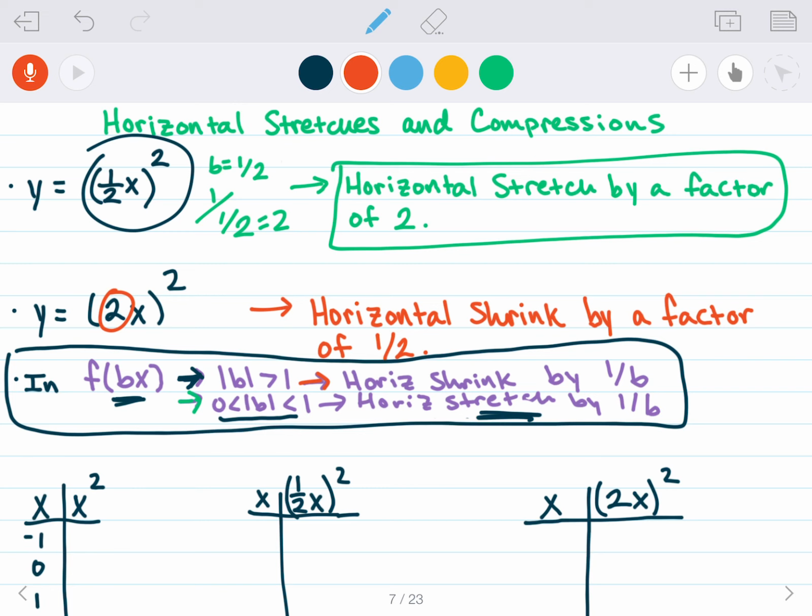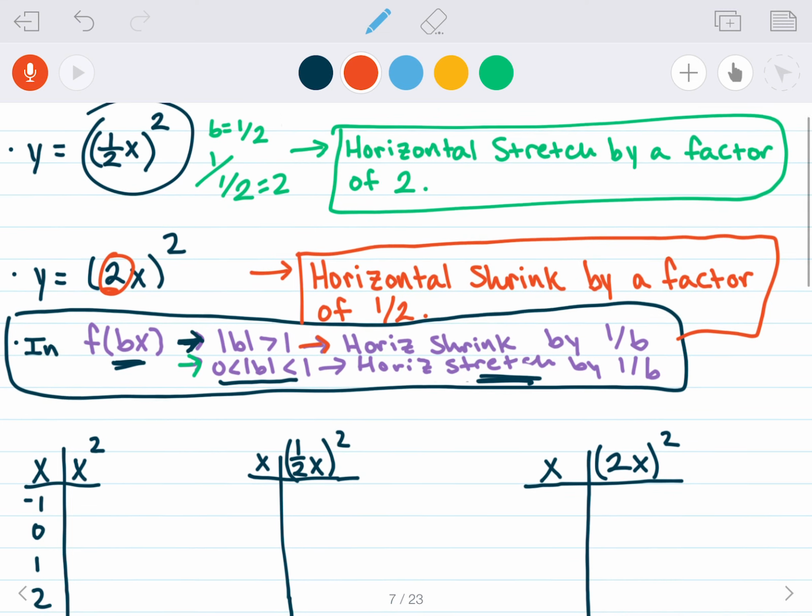So in this case, we have 1 over 2 as my factor of shrinkage. You can also call this compressions. I use those words interchangeably, shrink and compression. They mean the same thing. So here I have a horizontal shrink by a factor of 1 over 2. So it's always opposite of what you think. And this is only affecting the inputs, right?